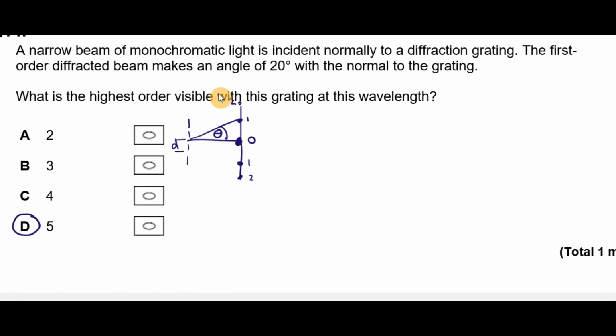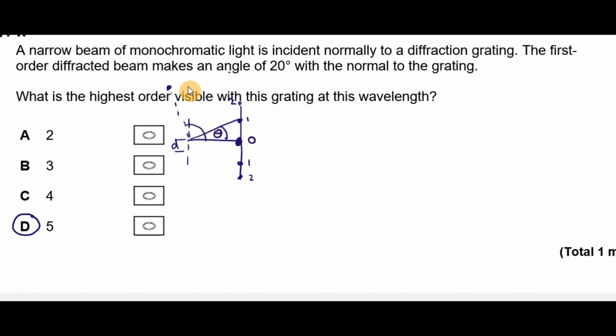Now, in theory, we can get orders going all the way around. In theory, we'll eventually get orders where the angle theta is greater than 90 degrees, and that isn't visible, it's not even possible, because that light hasn't been diffracted by the grating. So in order to answer this question, we need to find the nth order that would be at 90 degrees.